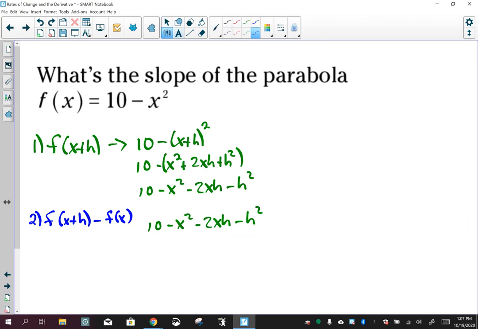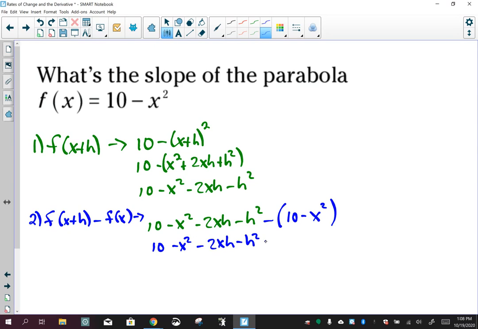And then I'm going to say, okay, but then I want to go minus 10 minus x squared. So I'm going to clean this up. So I've got 10 minus x squared minus 2xh minus h squared minus 10 plus x squared.